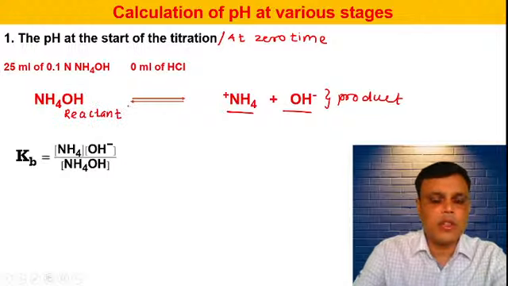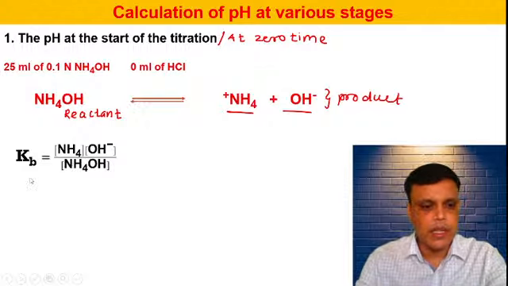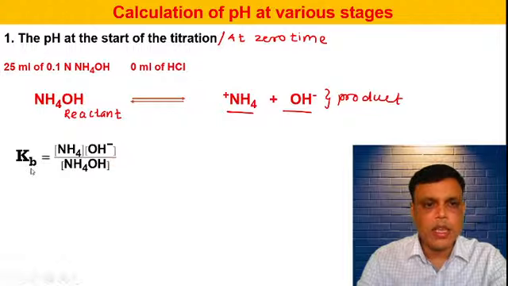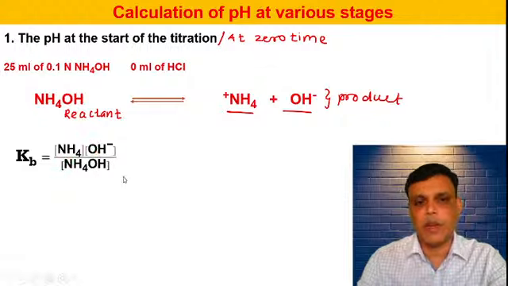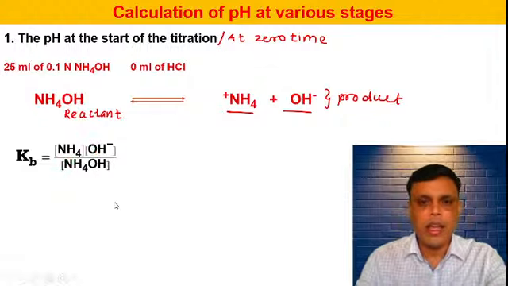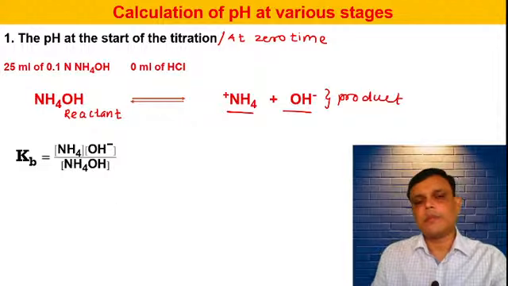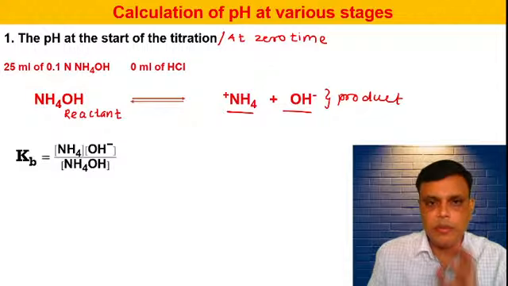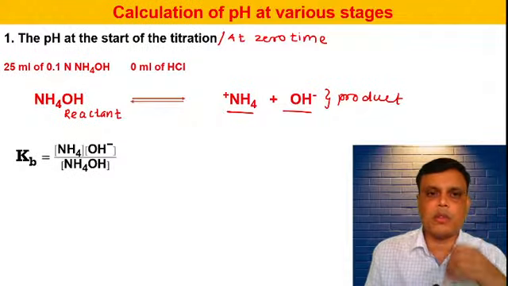So the dissociation constant of base, according to this law, Kb, will give you the product of concentration of the products to the concentration of the reactant. So here Kb is the concentration of ammonium cation into the concentration of OH minus ion, divided by the concentration of ammonium hydroxide. At the starting point, your electrolyte is a weak electrolyte, that means it will not dissociate completely.